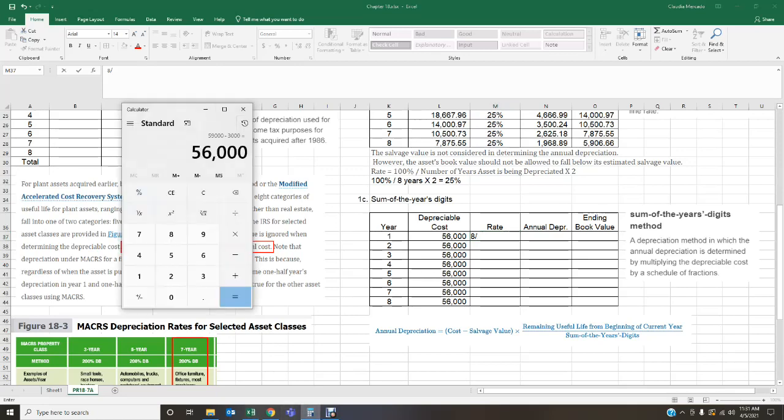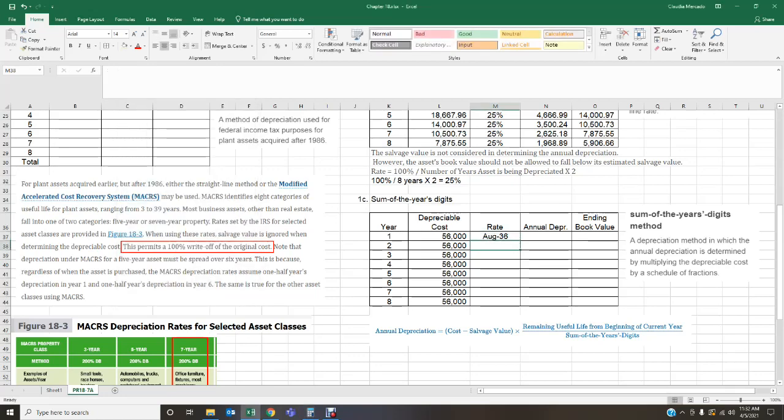We're going to sum all of our years. How many years are we depreciating this asset for? Well, 8 years. So I'm going to sum all of those digits: 1 plus 2 plus 3 plus 4 plus 5 plus 6 plus 7 plus 8. And that gives me 36. That's going to be my denominator.